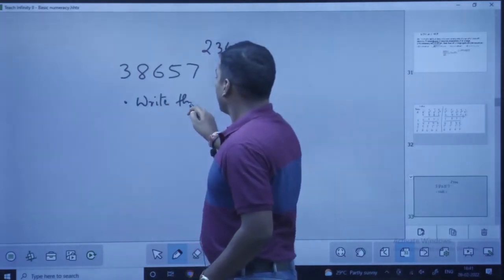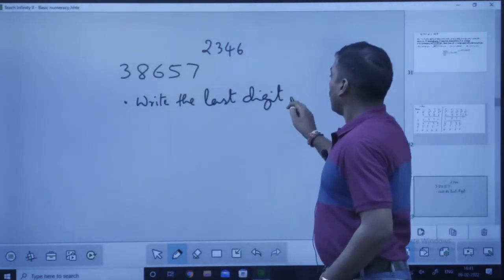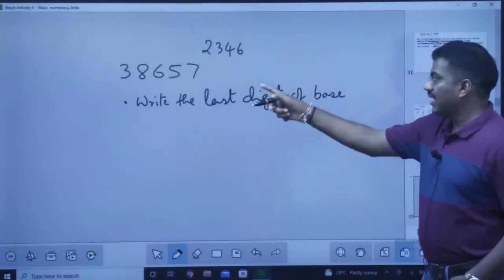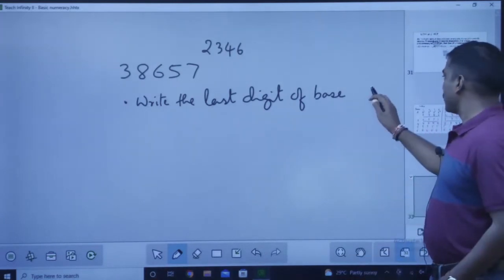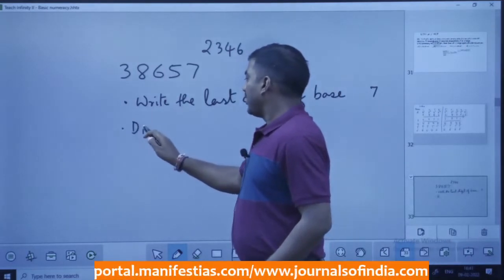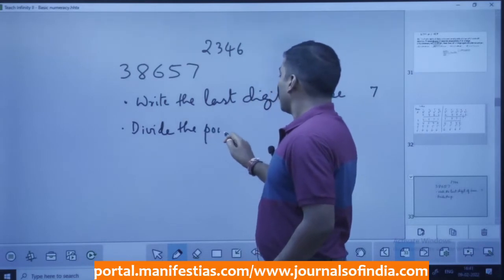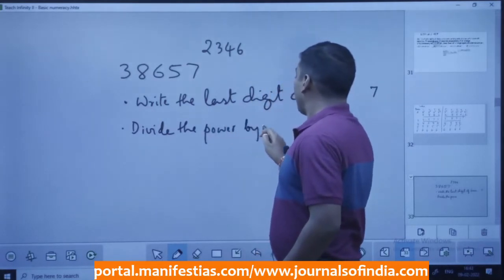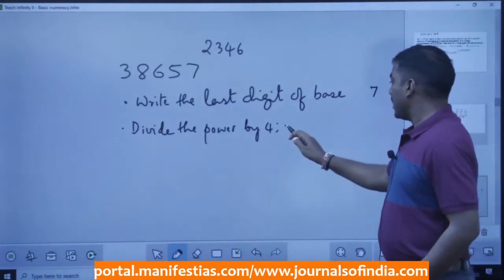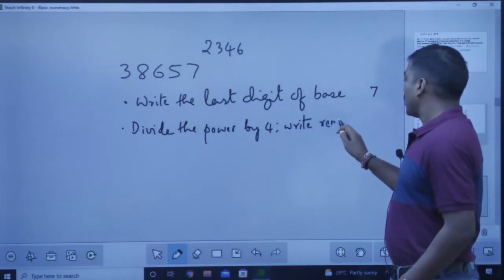Write the last digit of the base. What is the base here? Then divide the power by 4, then write the remainder.